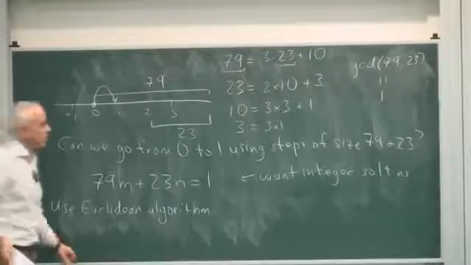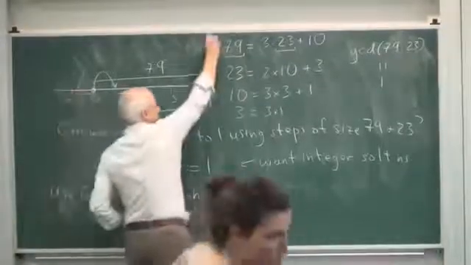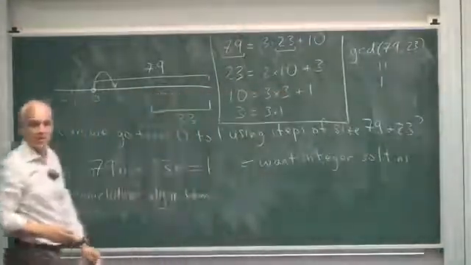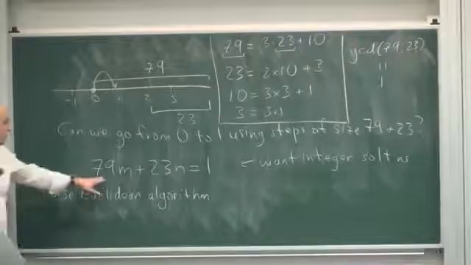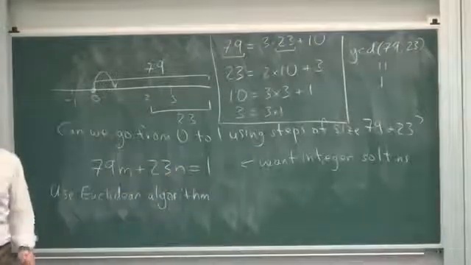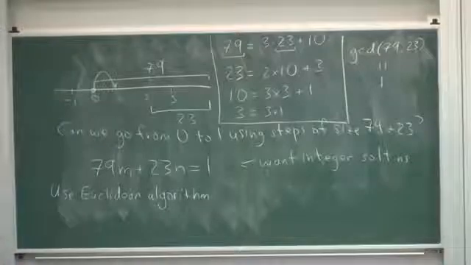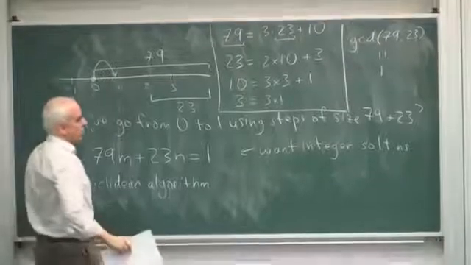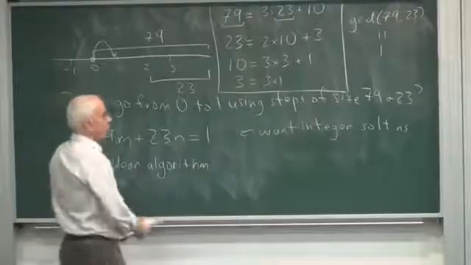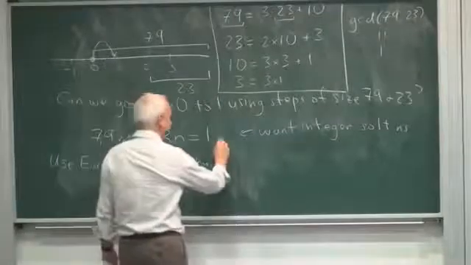Now we're going to take those steps and reverse engineer them. We're going to go backwards to express 1 as a combination of 23 and 79. That's our aim. We're going to start with the bottom equation, or actually the second bottom equation.